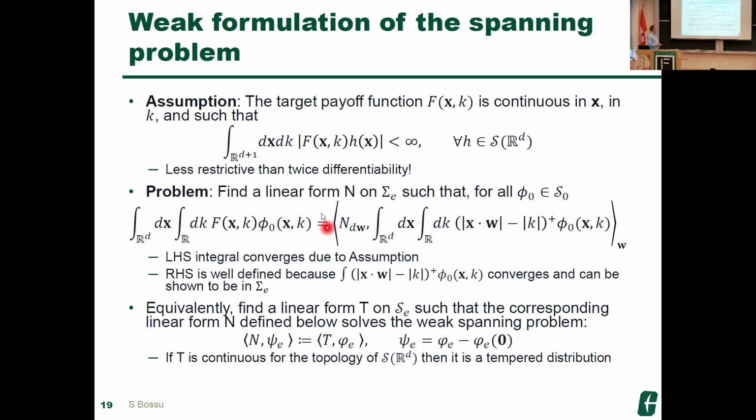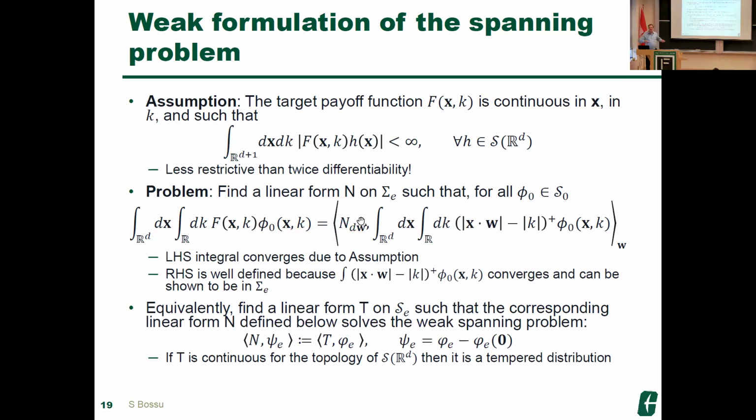And then the quantities of the basket calls are going to be a distribution n. And so that bracket here, in the most general form, is the action of that distribution n on modified basket calls. And n is a linear form on an appropriate function space. So that's the formulation of the problem.